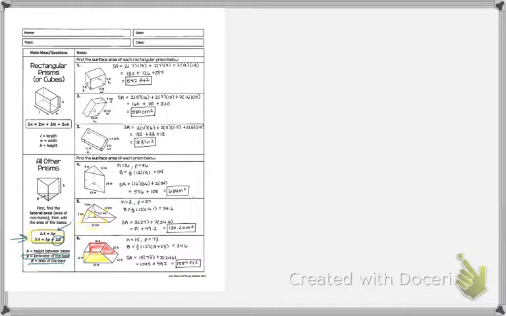So now we move on to a trapezoid prism. Notice the two bases, the red one and the yellow one. Those are trapezoids. Guess what? I'm going to need to remember the area of a trapezoid, because I need to find that base, at least one of them, is 1/2 base 1 plus base 2 times the height.